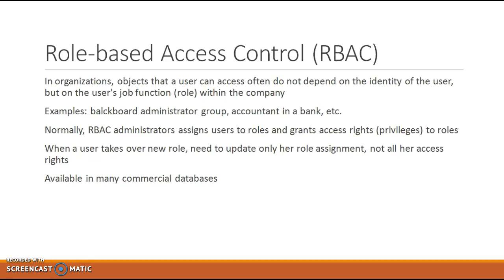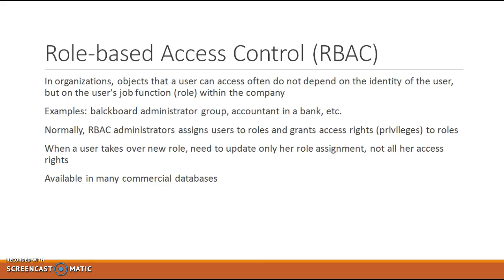Normally, our RBAC administrator assigns users to the roles and grants access rights and privileges to the roles. So, for example, a person who is a backup manager, whether he is XYZ, will have the rights of the backup manager. If a person is an administrator, he will have the high rights of the administrator, whether he is X, Y, or Z. Even when a person changes from one position to another, his rights will automatically change according to his role.